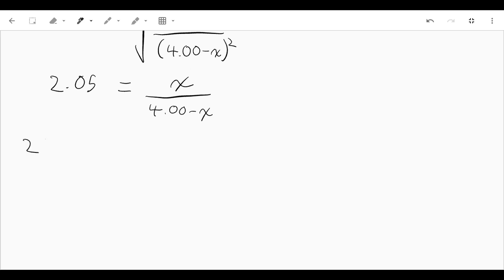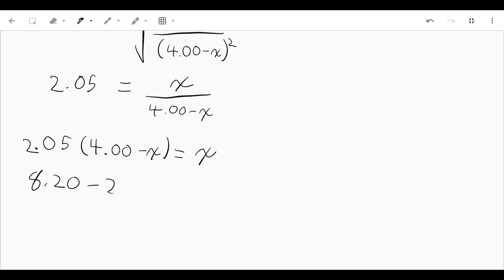Okay, we're going to bring that 4 minus x over. So we now have 2.05 times 4.0 minus x. We are going to factor that in. That will give us 8.20 minus 2.05x is equal to x.